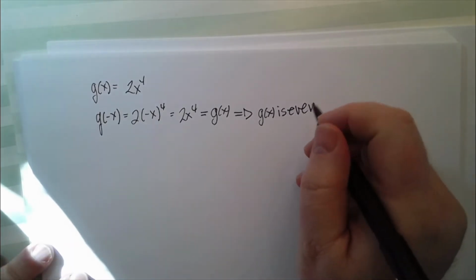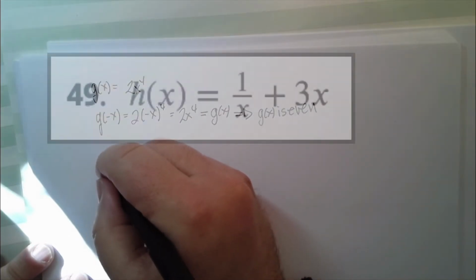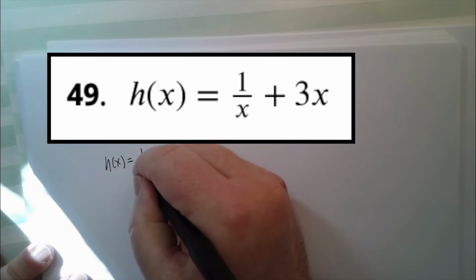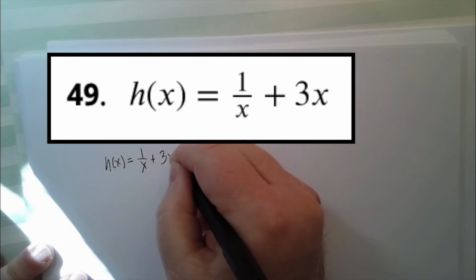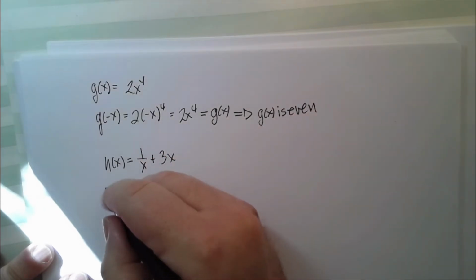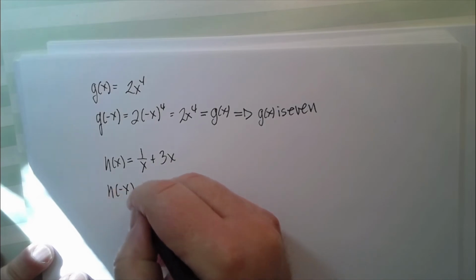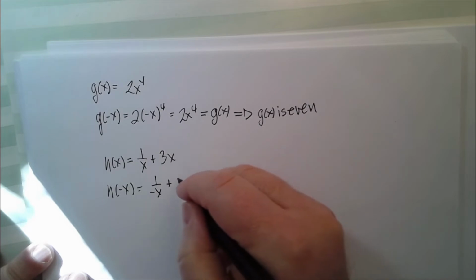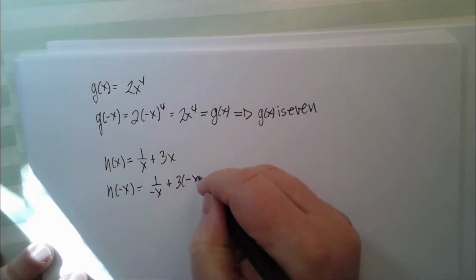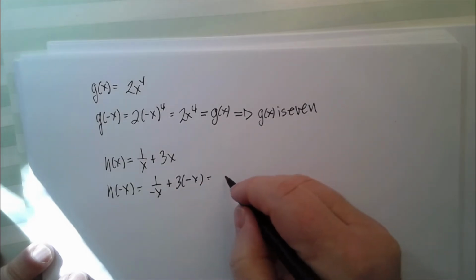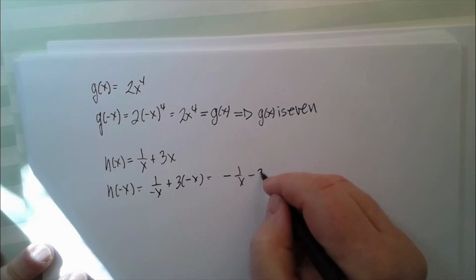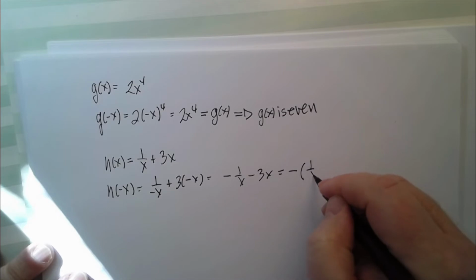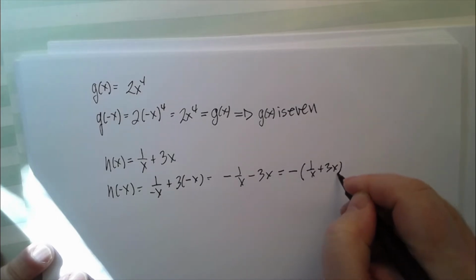Okay? So if we try this problem, and we do the same thing, plug in negative x, we get 1 over negative x, 3 times negative x, which we can write as minus 1 over x minus 3x. Factor out the negative, that gives me 1 over x plus 3x.